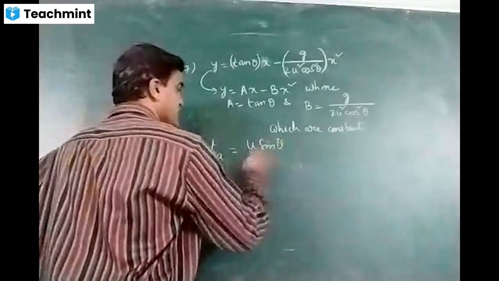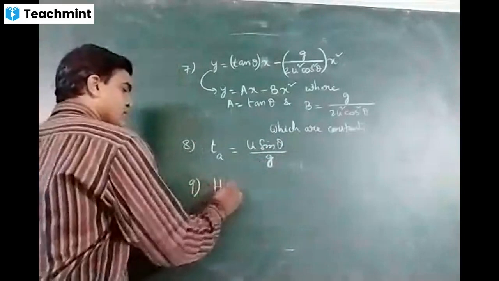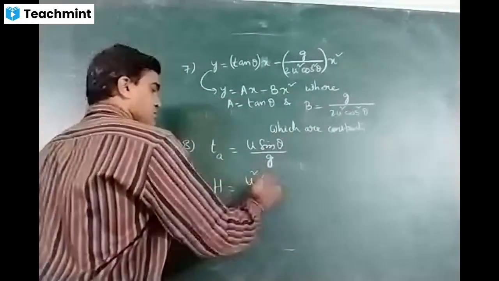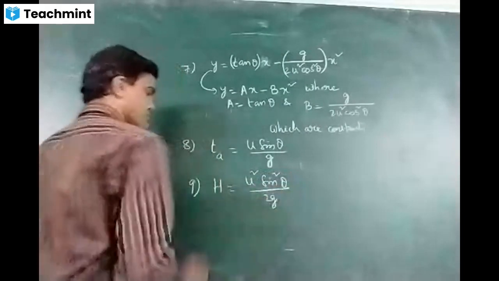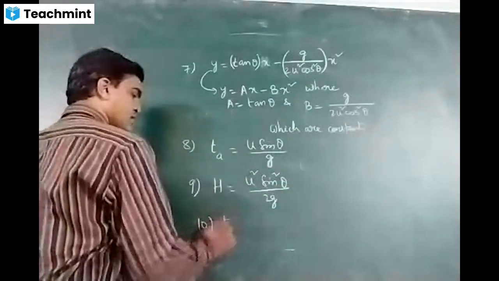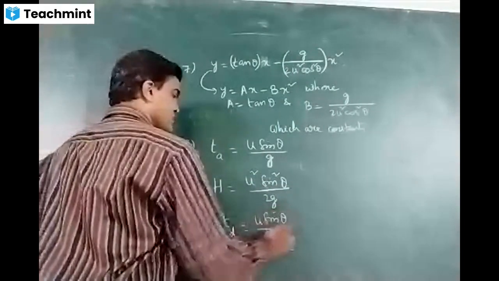Now time of ascent formula, u sin theta by g. Maximum height formula, u square sin square theta by 2g. Number 10, time of descent formula, again u sin theta upon g.